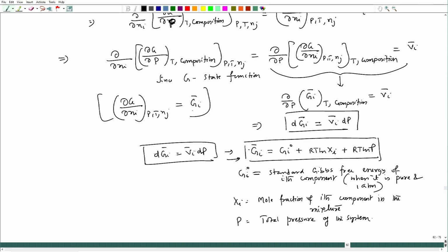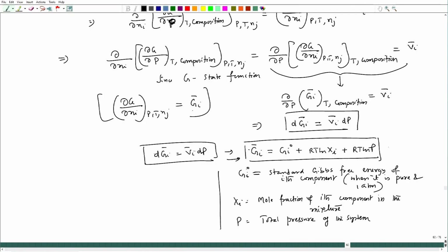Fine. And remember, in this case we have considered a generic equation, but when we try to solve for the mixing enthalpy, mixing free energy as well as mixing entropy, we will get back to a closed system.